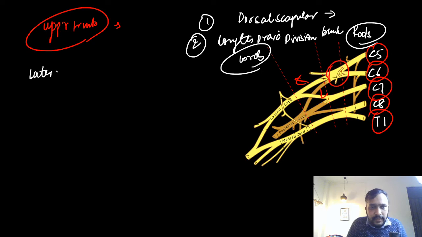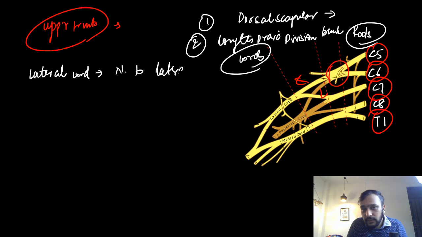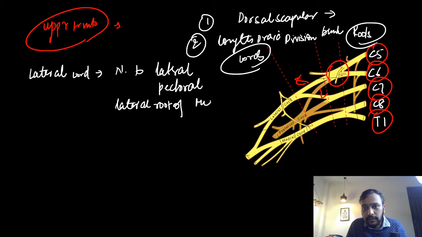Okay. Then talking about the branches coming out from the lateral cord, there are three branches. One is your lateral pectoral nerve. Then the second branch is your lateral root of median nerve, and the third branch is your musculocutaneous nerve.